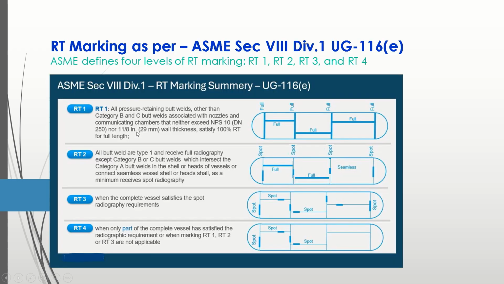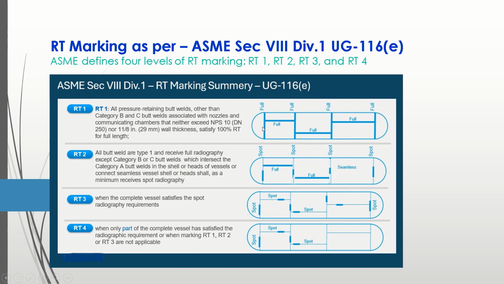Let us discuss RT marking, which is given on the nameplates. Depending on the radiography extent, we need to mention RT1, RT2, RT3 or RT4. RT1 means all the butt welds in the shell and heads shall be mandatorily radiographed.